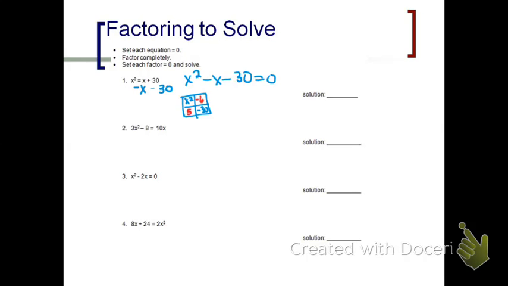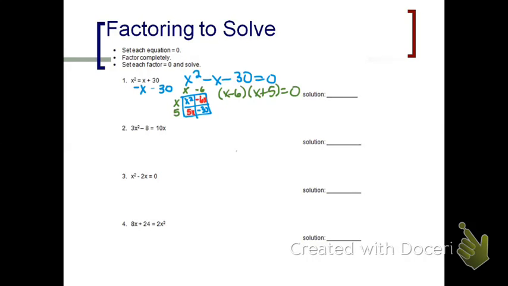Okay, so when I take the GCF, what's the GCF of negative 6x and negative 30? Oh, I forgot the x's. Okay, what is the GCF of x squared and 5x? The GCF of x squared and negative 6x? X. And the GCF of 5x and negative 30? 5. Okay, so my factors are x minus 6 and x plus 5.